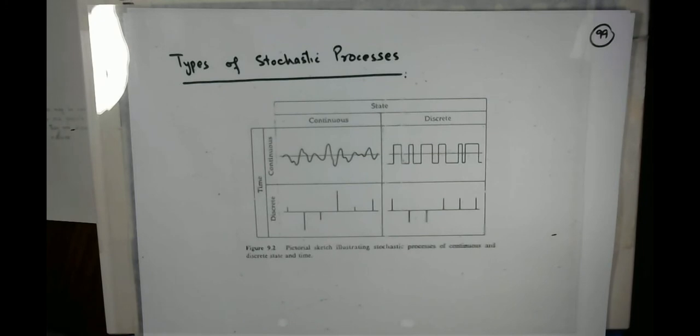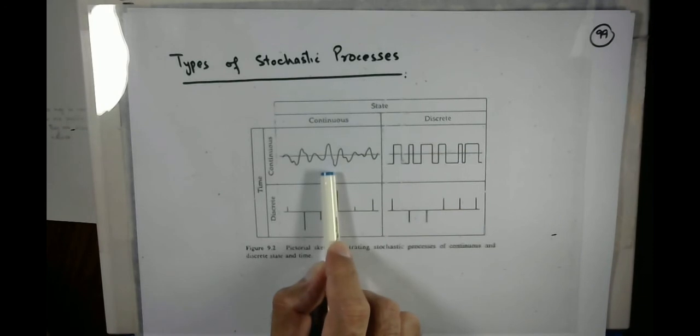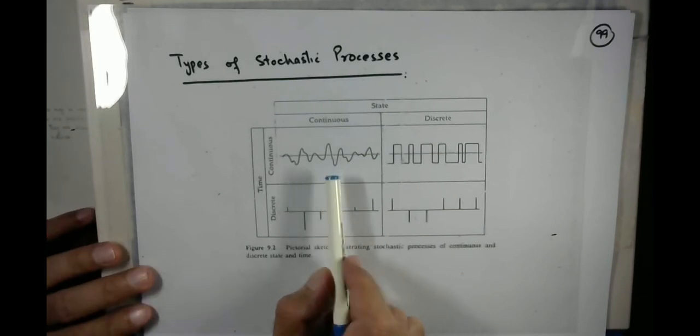You see in this interval 0 to t, the maximum temperature can exist at any instant of time, and the value of this maximum temperature can be any temperature value. So that is why this is an example of a continuous time, continuous state process.